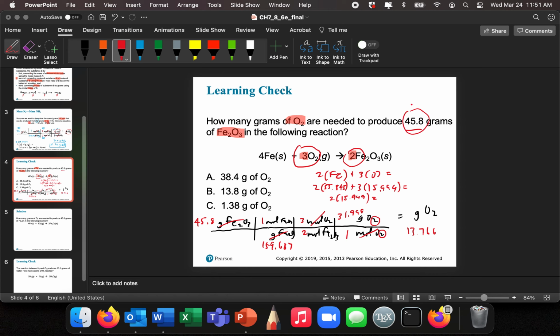This was 3 sig figs, right? This was more. These were exact. That was more. This is going to be 3 sig figs. This is going to be reported as 13.8 grams of O2.